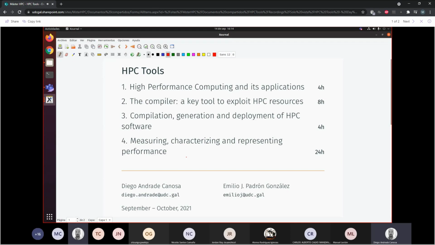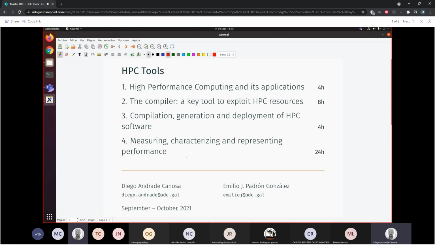Also, we are going to cover some topics about compilation, generation, and deployment of HPC software. The idea is which tools are required in order to make your software portable, your HPC software, okay?